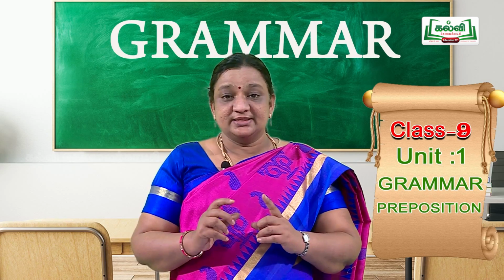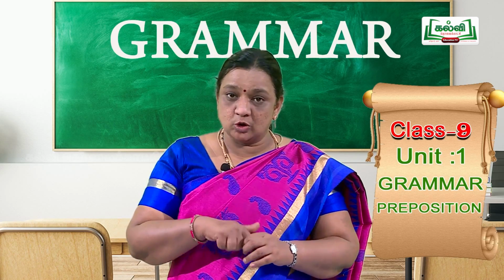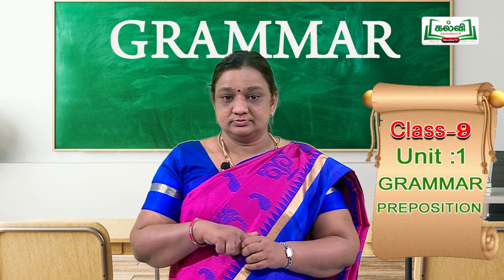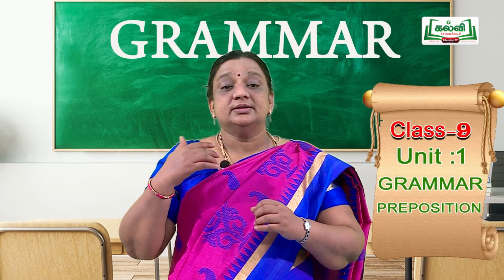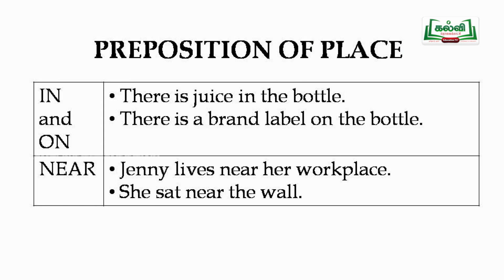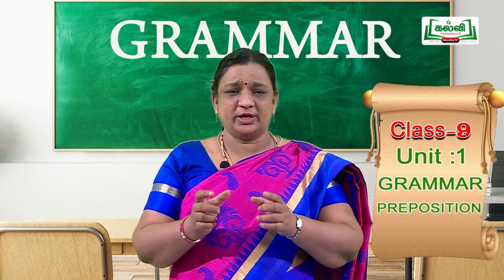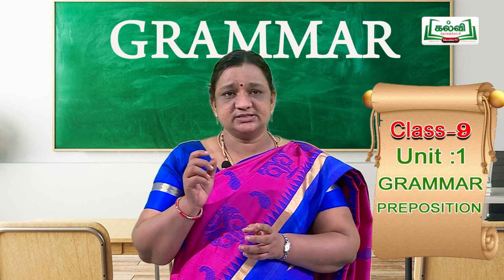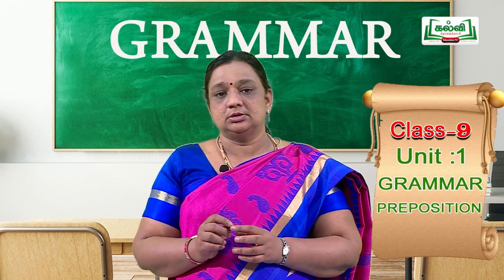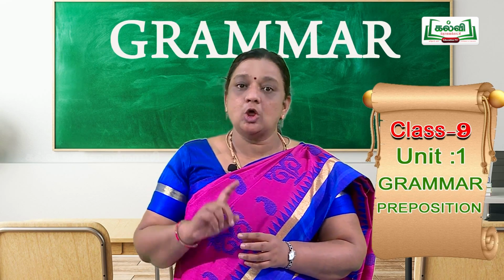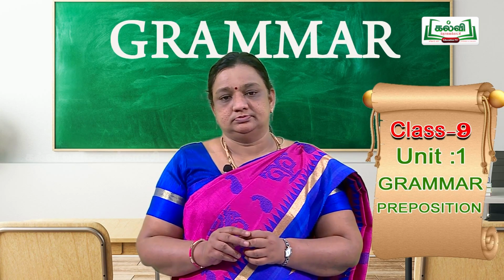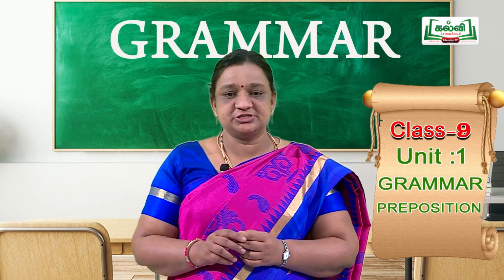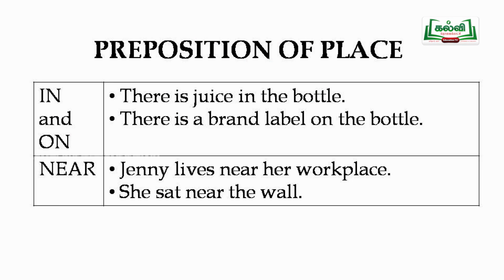We say there is juice in the bottle, and there is a brand label on the bottle, outside the bottle. So, in short, we can remember it this way: there is juice in the bottle, there is a brand label on the bottle.